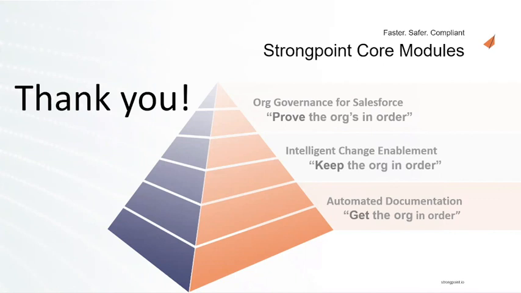We count the total number of account records in your org, and then we count for that particular field how many of those fields have non-null values. So they're populated with something, right? And the ratio of those is the percent populated.